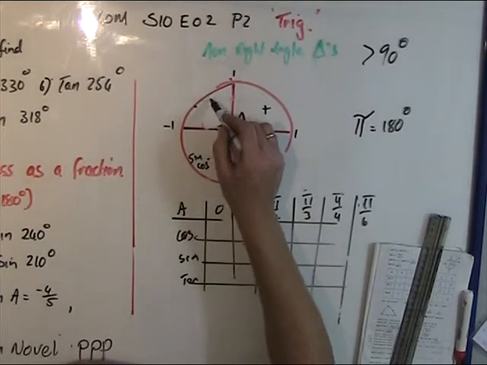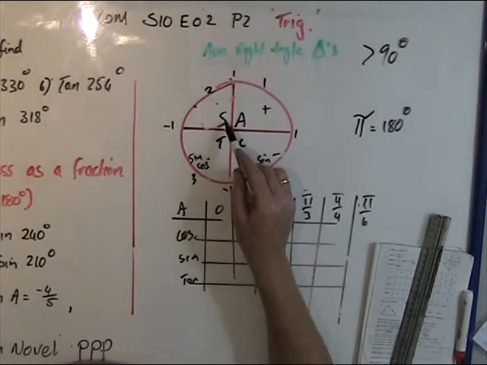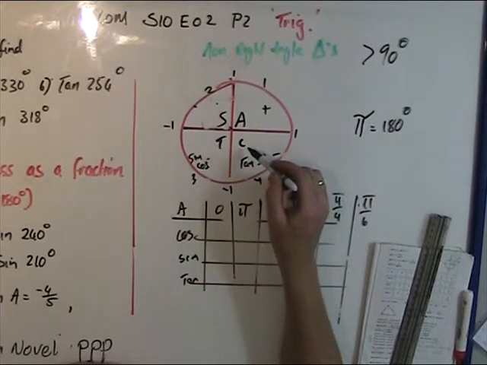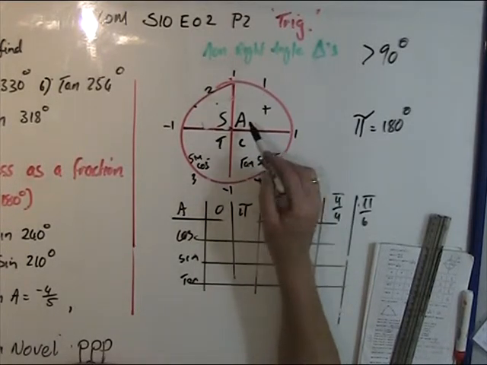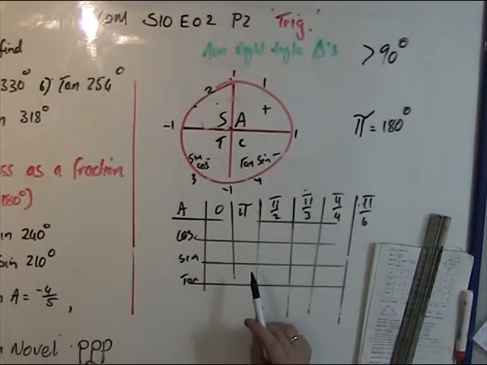This is the second quadrant, this is the first quadrant, and this is the third and the fourth quadrant. Sine is positive in the second quadrant, tan is positive in the third quadrant, and cos is positive in the fourth quadrant. So you have to remember this: SATC. You have to remember that, okay?